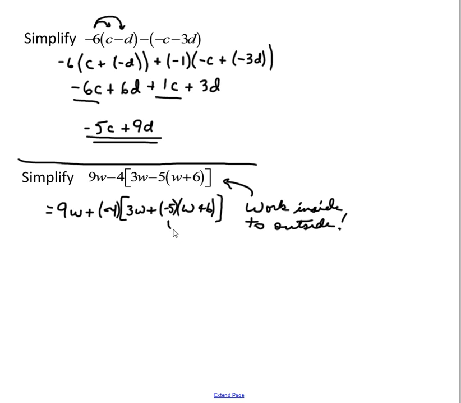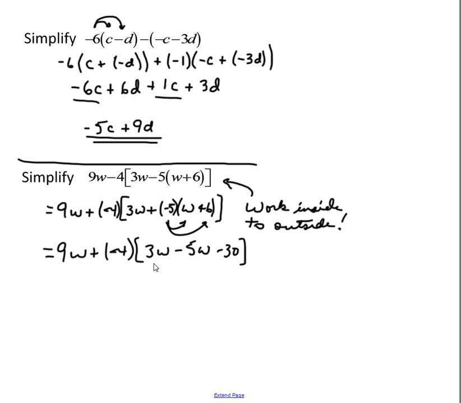Working from the inside out, first we're going to multiply negative 5 into the innermost parentheses. So we're going to get 9w plus negative 4 times 3w minus 5w minus 5 times 6 is 30.